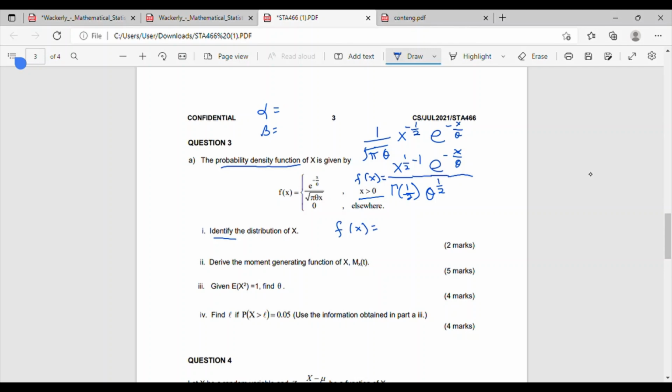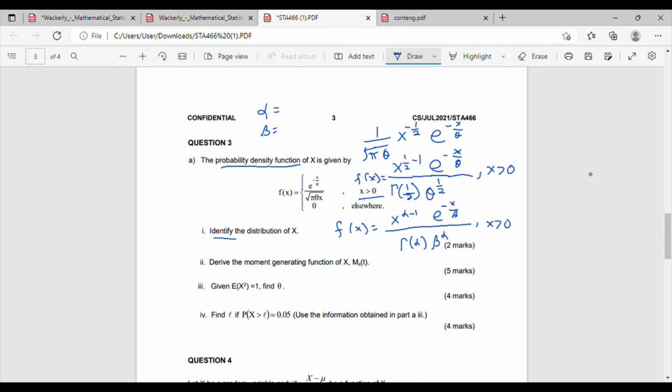Tadi variable y, sekarang variable x. It is x power of alpha minus 1, e power of negative x over beta, okay, over gamma alpha multiply dengan beta power of alpha for x more than 0.